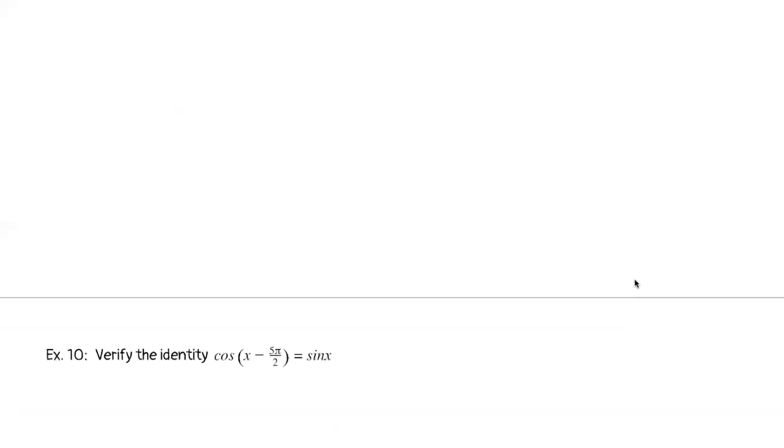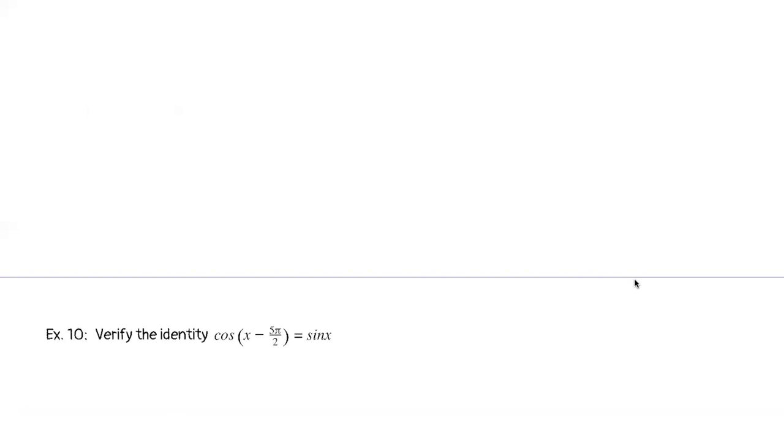Then we'll finish off with some numbers to make sure we know how to go both ways in the equation, and we'll finish with verifying the identity. Like, how do we use this in a situation where we really don't have that many numbers, okay?